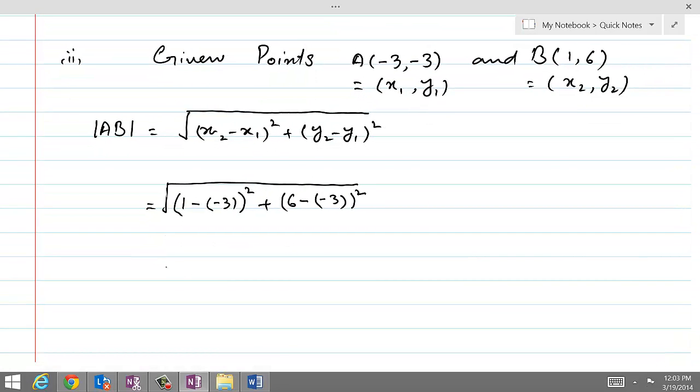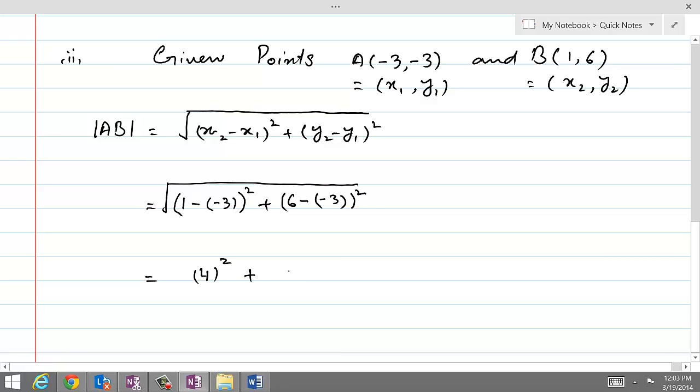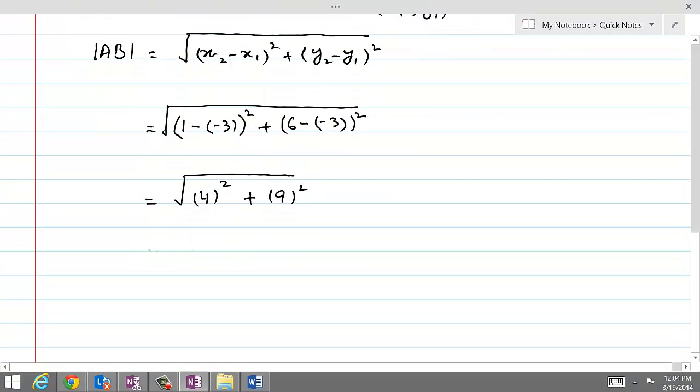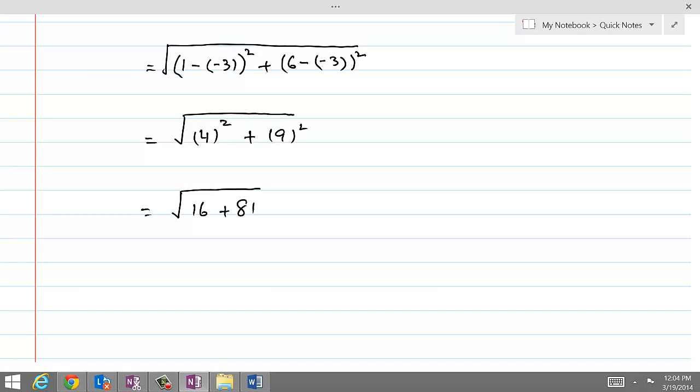So this is how we do it, and 1 plus 3 will become 4 because negative times negative is plus, square, plus 6 plus 3 is 9 square, and this is square root, and here we have 16 plus 81, and we can find out what is the sum of 81 and 16.